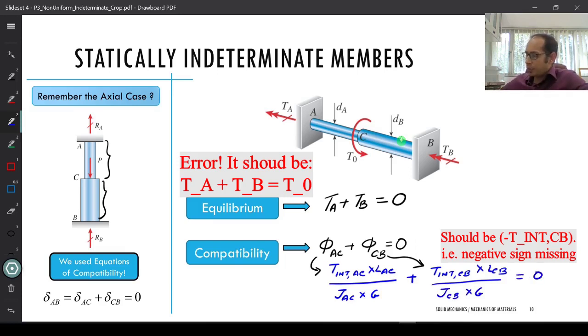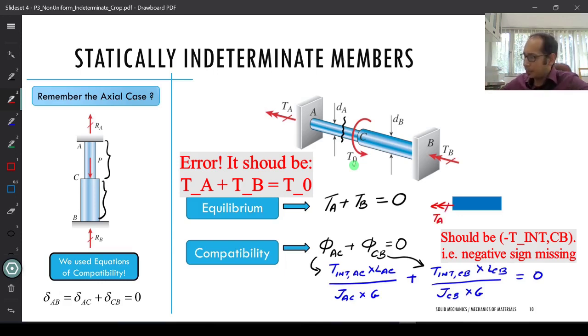Now you have two equations, this equation over here and this equation over here. Of course, you realize that this internal torque you have to write in terms of what you get here. For example, for the section AC, if you cut a section over here and draw the free body diagram, how does that look? The free body diagram would be, on the left you have torque A, the reaction torque that is acting.